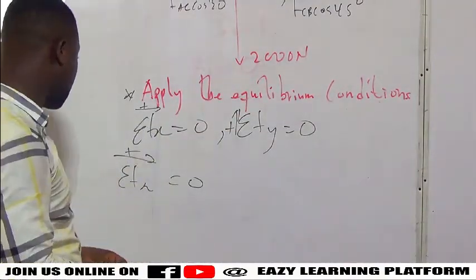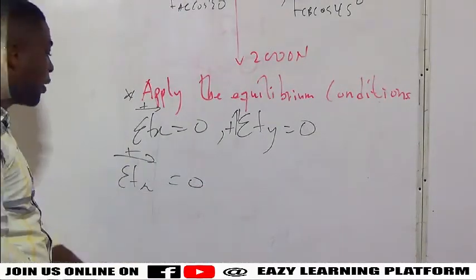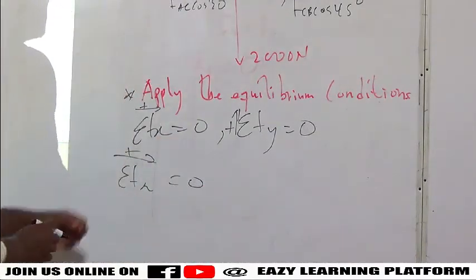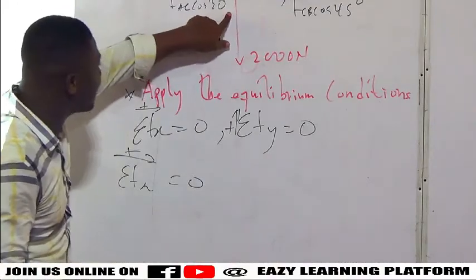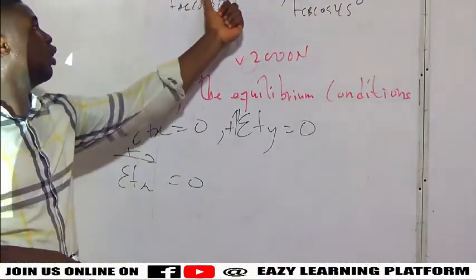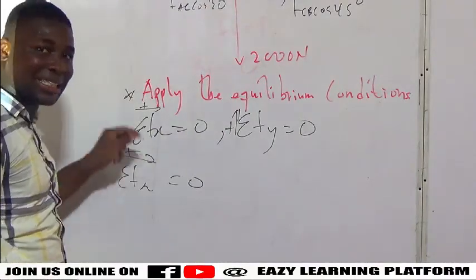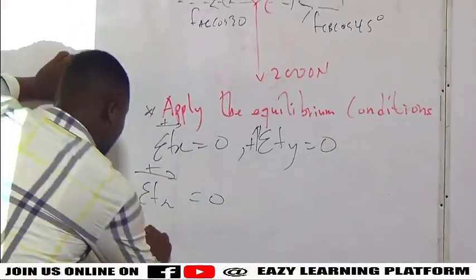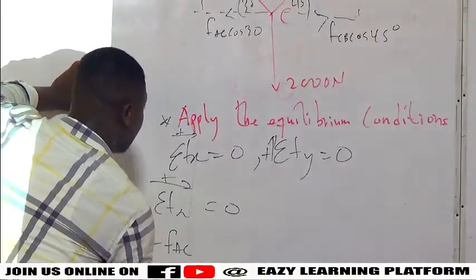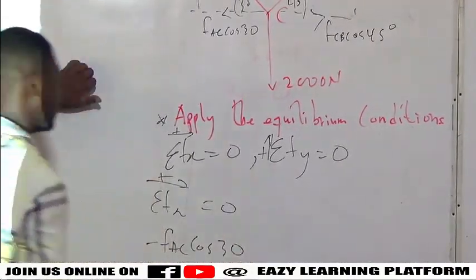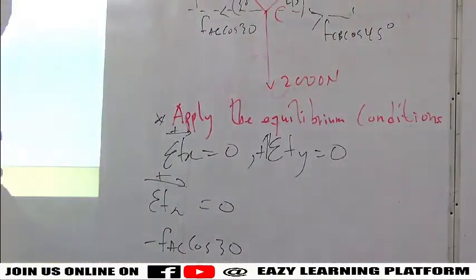So sum of forces moving in the x direction should be equal to 0. Then we have FAC cos 30. Now this cos 30 is moving in this direction, which is opposite to our intended direction. So we have negative FAC cos 30.